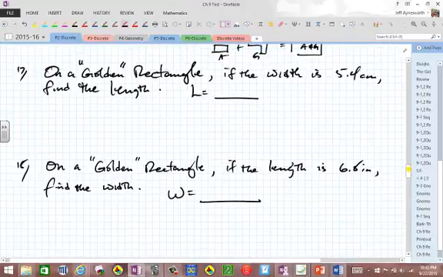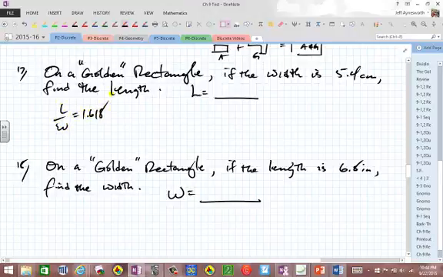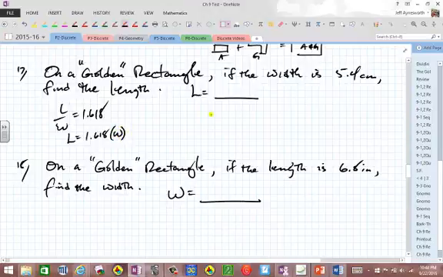Okay, here we go. On a golden rectangle where the width is 5.4 centimeters, what is the length? Well, I know the length to width ratio is 1.618, right? So if I multiply both sides by W, the length is equal to 1.618 times the width, which is 5.4.